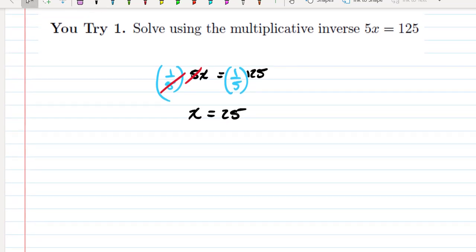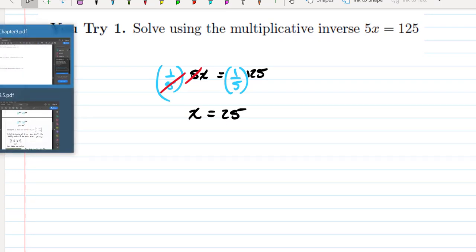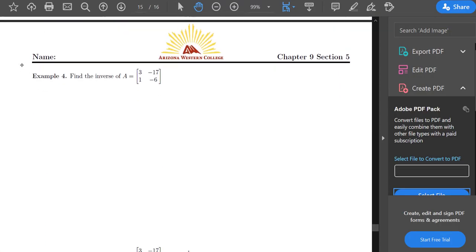All right, so let's take a look at example number 4, I believe.